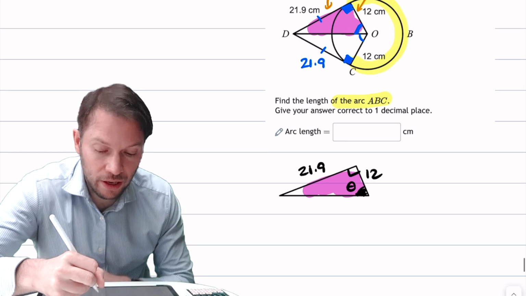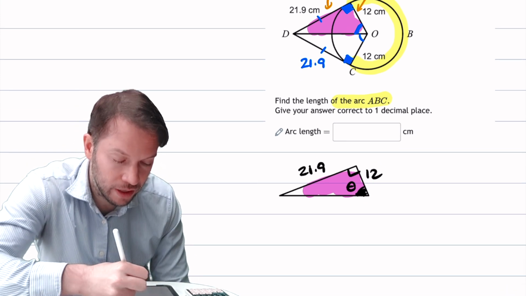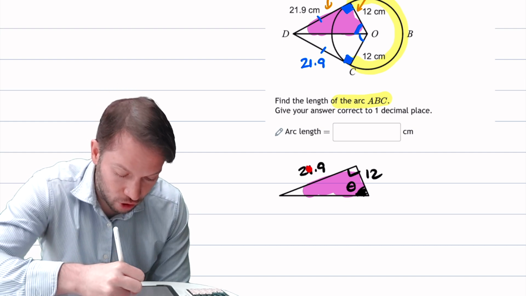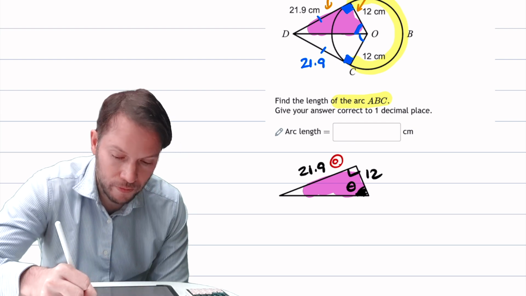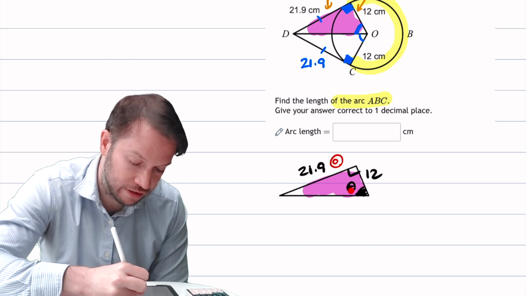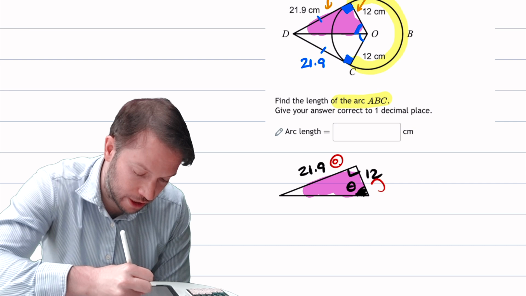And remember what we do now, we label these sides with known lengths relative to this angle of interest. So this side is opposite that angle, so we call it the opposite. I put an O in a circle. And this side here, that's adjacent to, next to this angle, so we label it A for adjacent. So we covered this in a previous video.